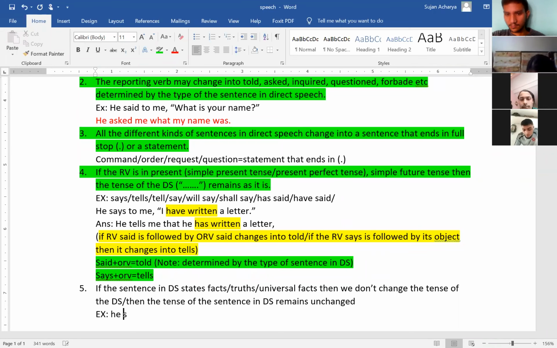Example: he said to me, human blood is red. He told me that human blood is red.